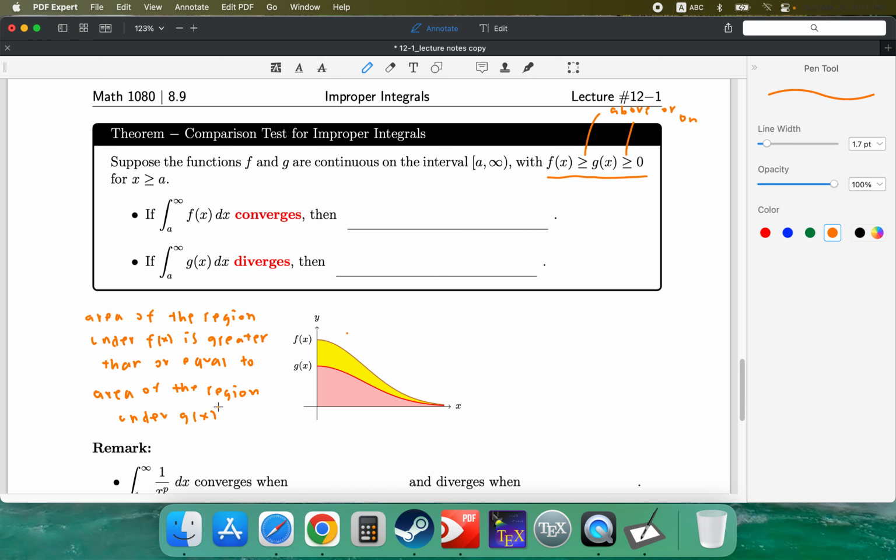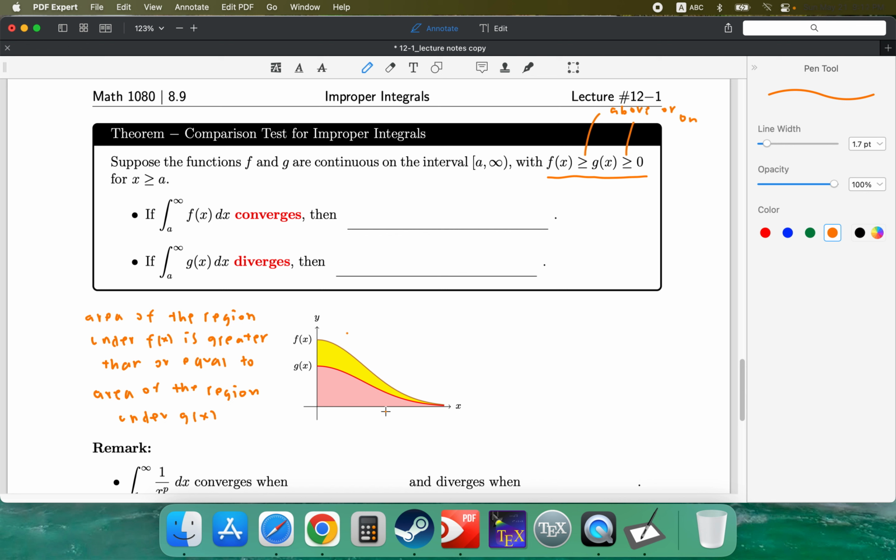You agree? Take a look at this picture. The area under f is the area of the yellow region plus the area of the pink region. And the area under g is just the pink region. Okay?